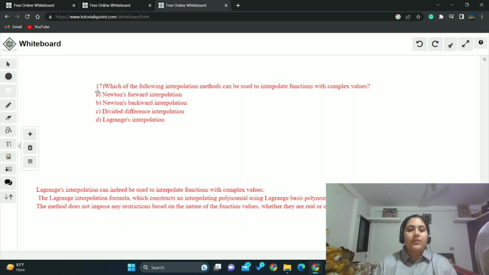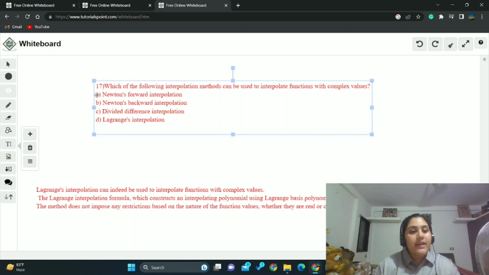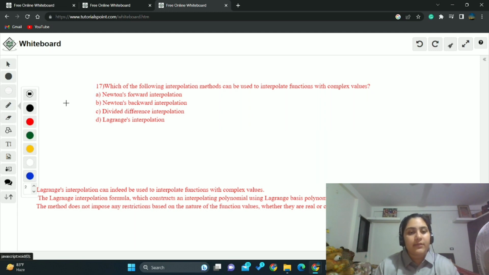Coming to the next question, which of the following interpolation methods can be used to interpolate a function of a complex value? We have seen before that the Newton forward and backward are not suitable for complex values, so these are not the correct options. Coming to the divided difference and the Lagrange interpolation, the Lagrange interpolation can indeed be used to interpolate a function for complex values, as it does not restrict the function to be natural, real or complex.